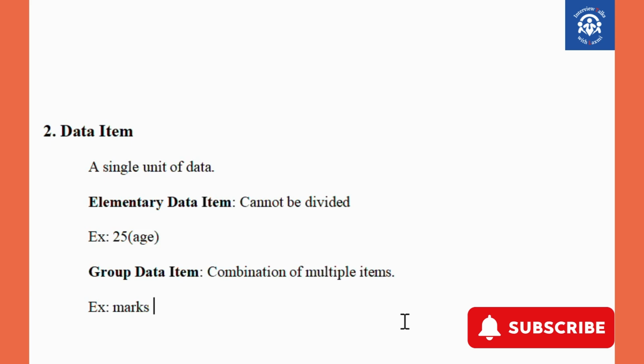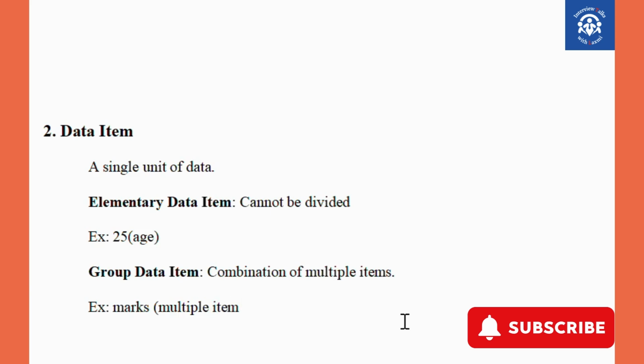So what is that marks? If the student has 6 different subjects, each subject will have a mark, no? That is a combination of multiple items. This is exactly suitable for the group data item. Marks is an exact example for a group data item.